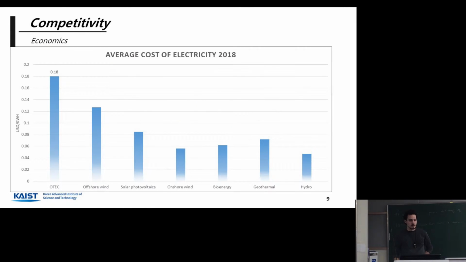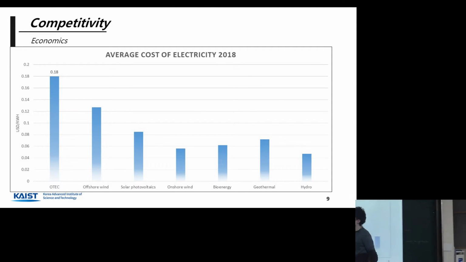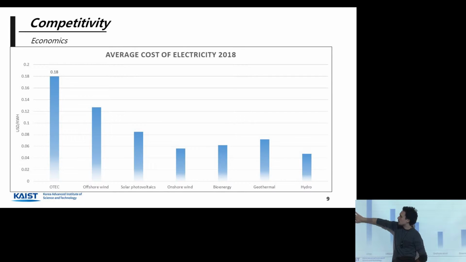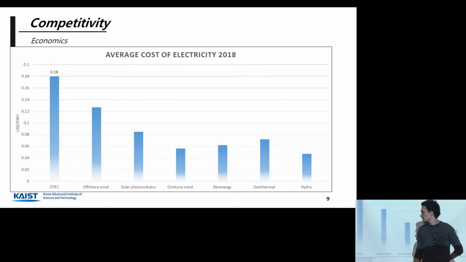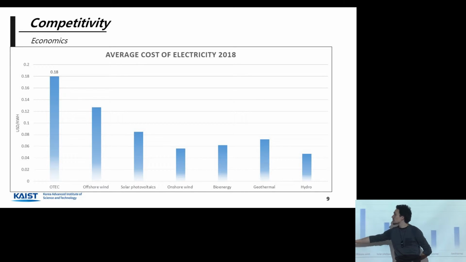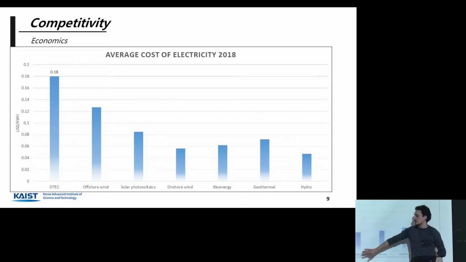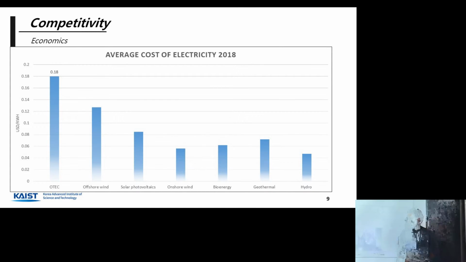But what does it mean in terms of economics? So here is the plot. We can see that OTEC is really expensive. This is the dollar per kilowatt hour, like dollar per energy, per electricity. OTEC is really expensive, like 18 cents per kilowatt hour, compared to the other renewable energy.